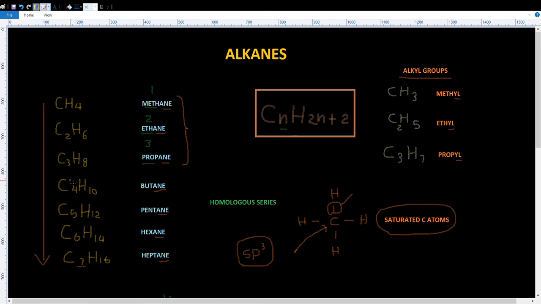Due to the increase in dispersion forces, the melting point and boiling point of these alkanes increase. As a result, the first few may remain as gases and liquids, and as we go down and the number of carbon atoms increases, these become solids. I mean, they can be obtained in solid states.